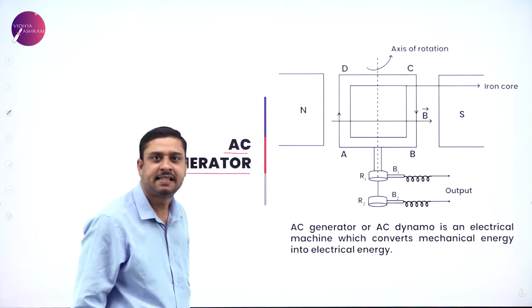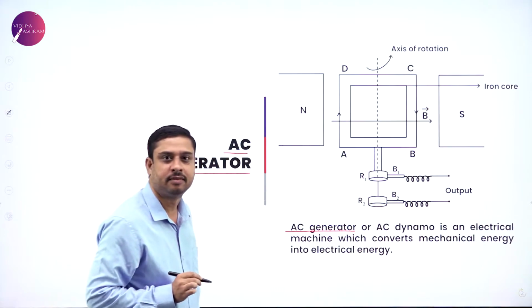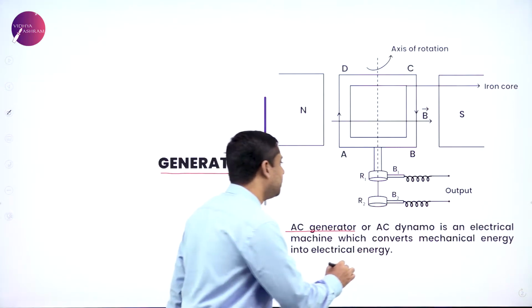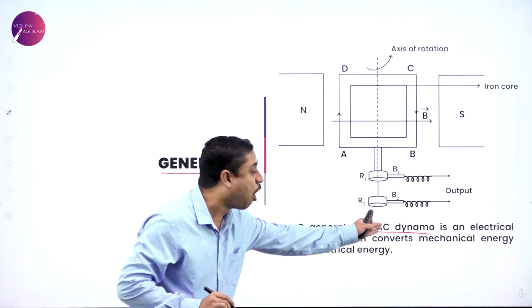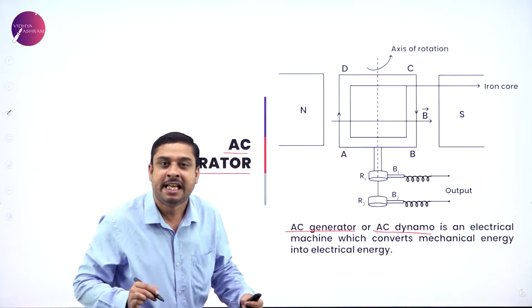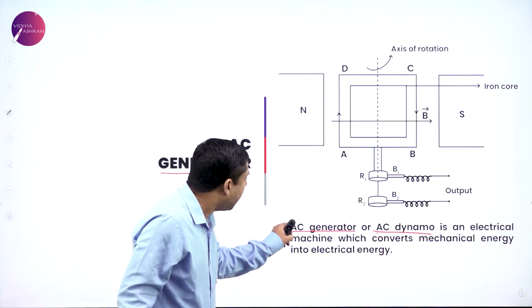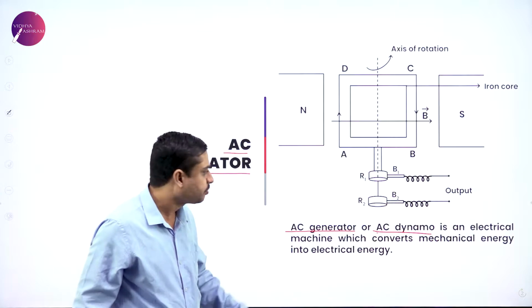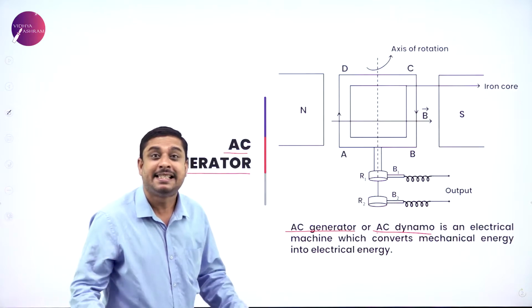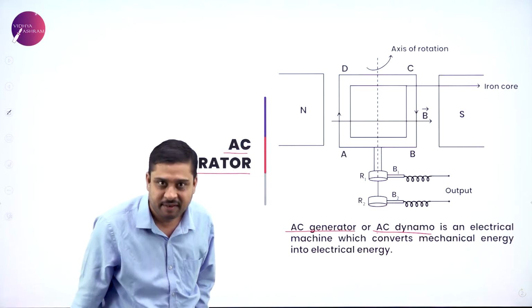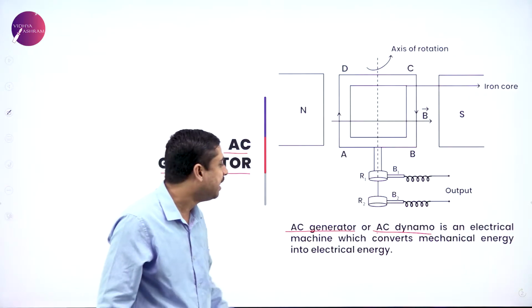Now, the description says an AC generator or an AC dynamo. This is probably the dynamo you have used in your lower classes. An AC generator or an AC dynamo is an electrical machine. It is a machine. And what is it doing?